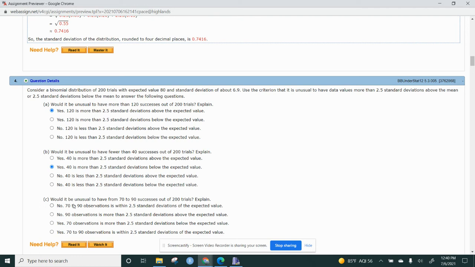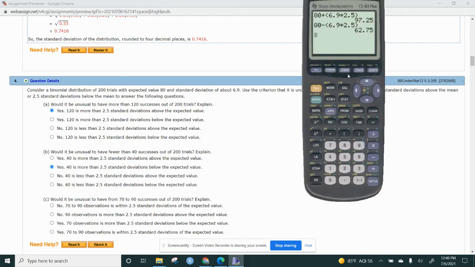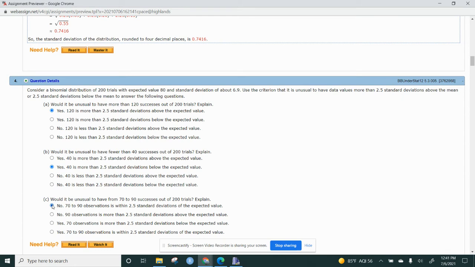All right, but now it says, would it be unusual to have from 70 to 90 successes out of the 200? Well, if I know I've got from 62 to 97, and 70 to 90 is included in that range, no, it wouldn't be, because 70 to 90 observations is within 2.5 standard deviations of the expected value.